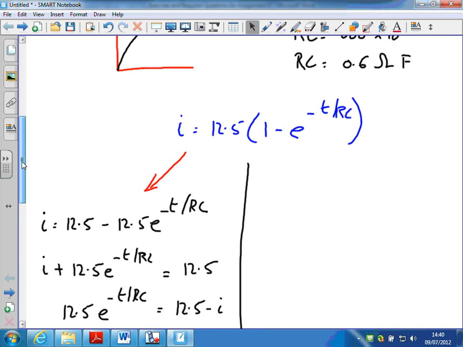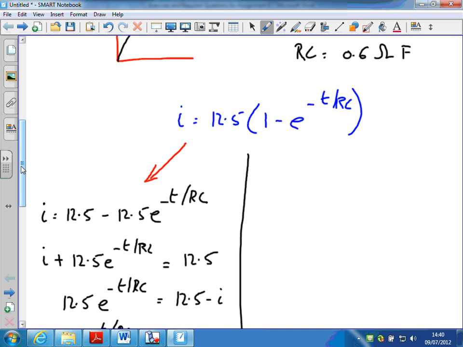Okay, so going the other way, starting at this point, instead of multiplying out the brackets, we might decide to divide both sides by 12.5. So I over 12.5, let's have some more room, equals 1 minus e to the minus t over RC.